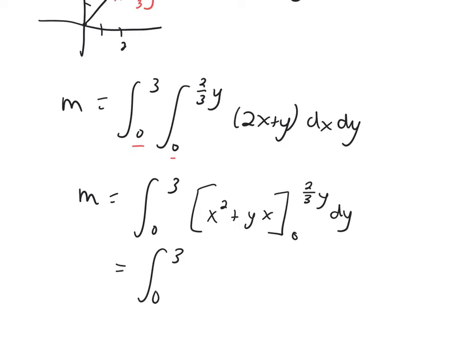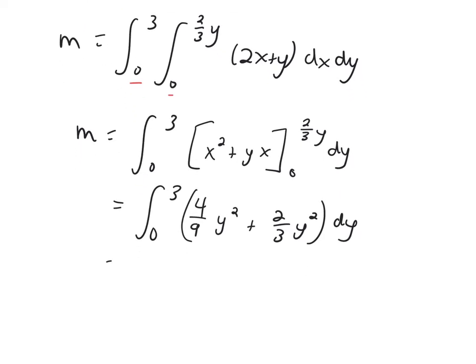So it'll be 4/9 y squared plus 2/3 y squared. So if I add up 4/9 and 2/3, it would be 10/9.